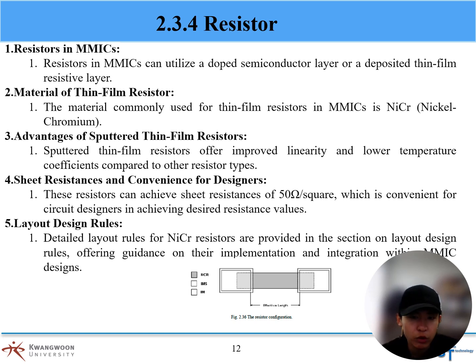The advantage of sputtered thin film resistors is that they offer improved linearity and lower temperature coefficients compared to other resistor types. These resistors can achieve sheet resistance of 50 ohm per square, which is convenient for circuit designs in achieving desired resistance values.